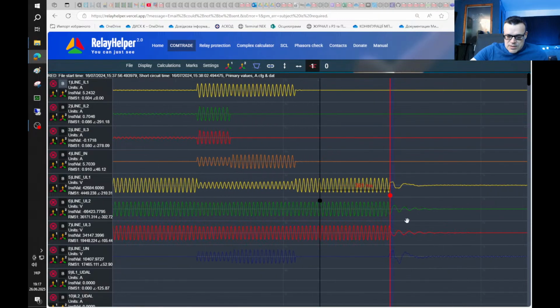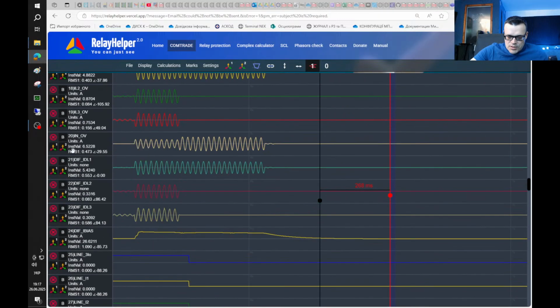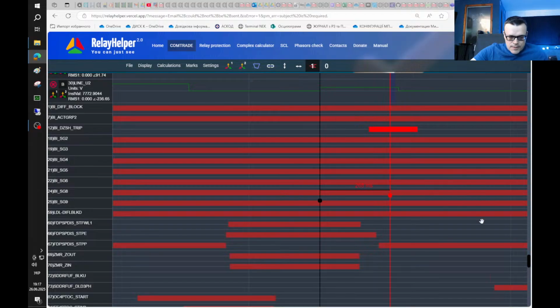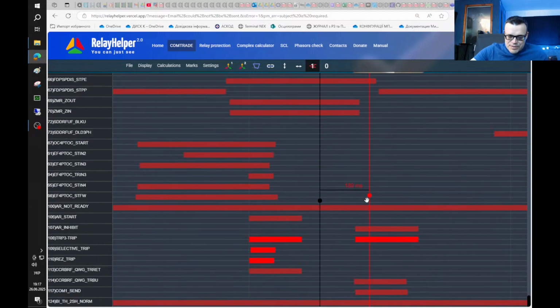So let's see what we can see in the digital channels. So this is the bus bar protection signal, but earlier this is the signal from this relay.